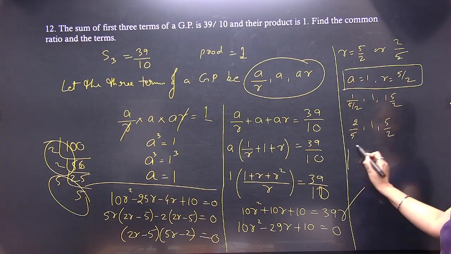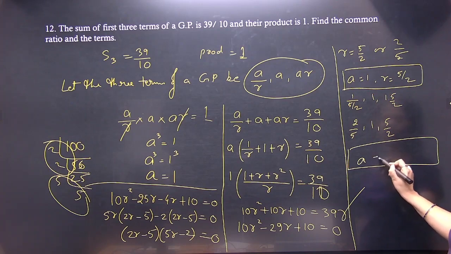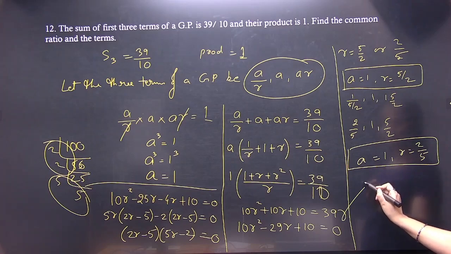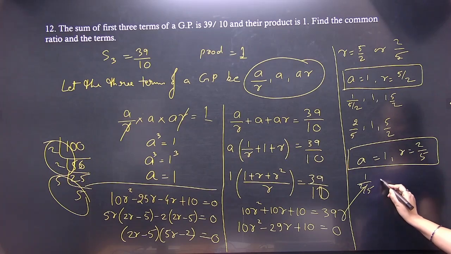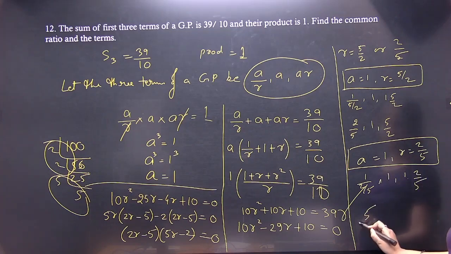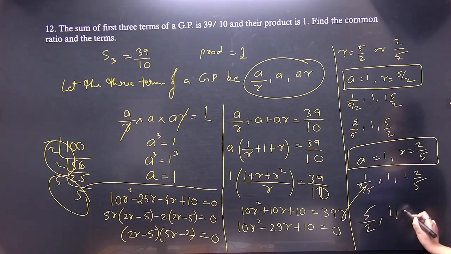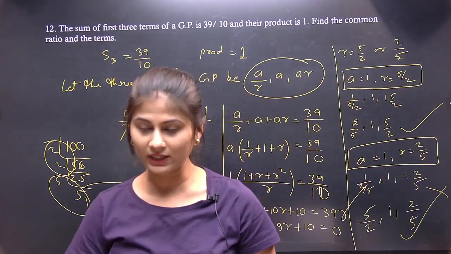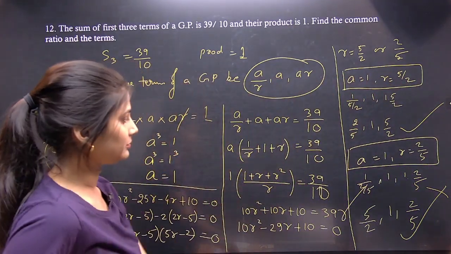Or if I take A as 1 and the second value of R, that is 2 by 5, then it is A by R, comma A, comma A into R. So we can say 5 by 2, comma 1, comma 2 by 5. So this can be the answer. Both are the same, only the order is different.